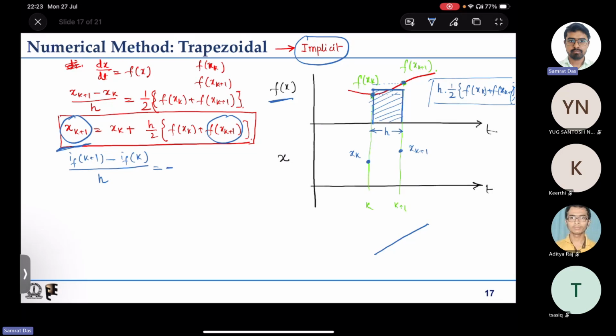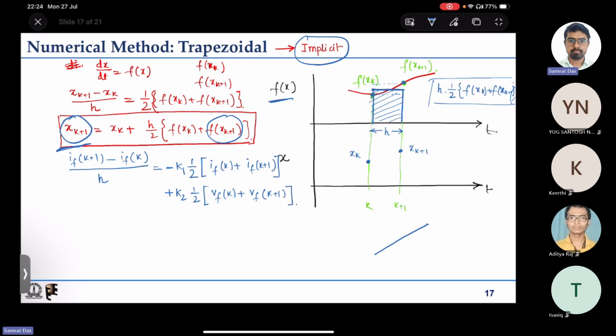Our equation was minus k1 into if, so that has to be written as half of ifk plus ifk plus 1. Again we had plus k2 into vf, so we have to write half of vfk plus vfk plus 1.